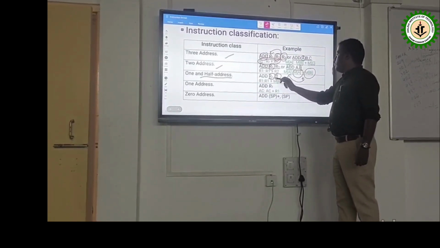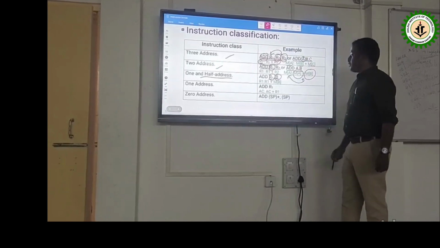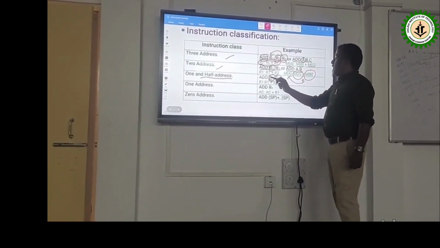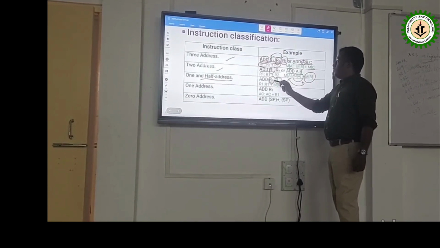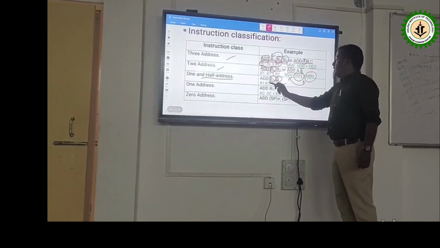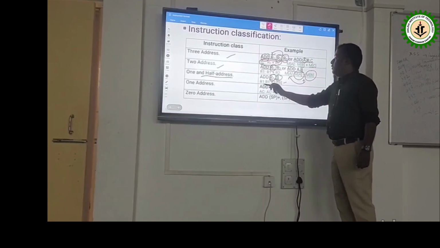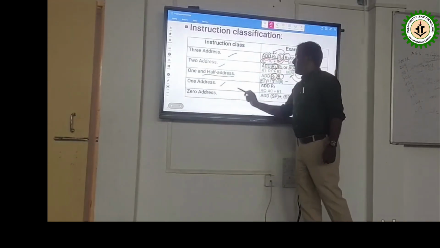For example, add R1, B, that is the contents of register R1 and the memory location B will be added and the result will be stored in register R1. So R1 plus memory location B will be added and the result will be stored in R1.